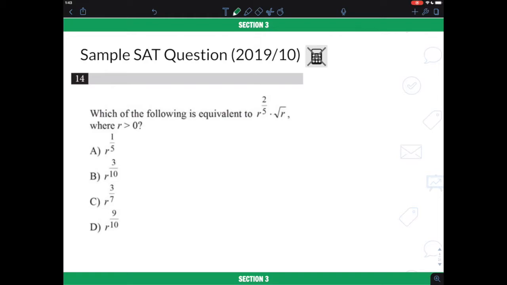Okay, so first, the property that I was talking about is the property of exponents, where when you see a to the mth power times a to the nth power, it is equal to a to the m plus n power.